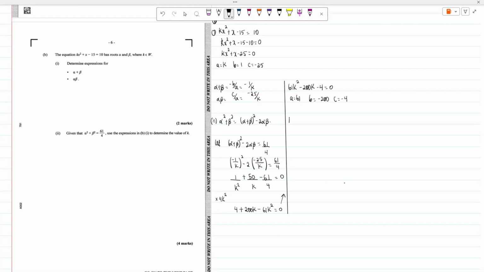In this case, k is a variable, so k is equal to minus B plus or minus the square root of B squared minus 4AC all over 2A, which is equal to minus 200 plus or minus the square root of 200 squared minus 4AC all over 2A.